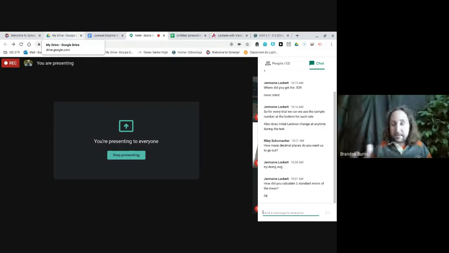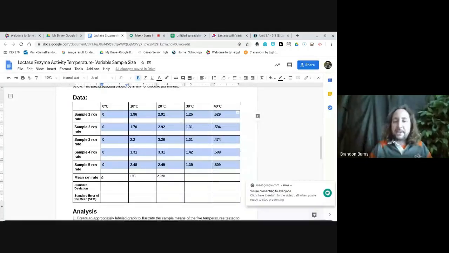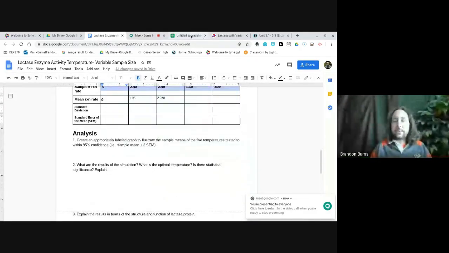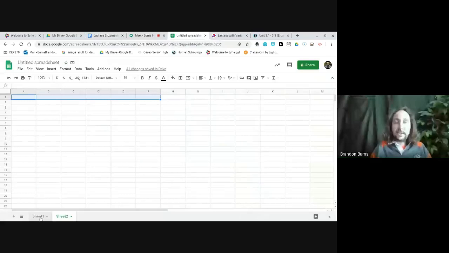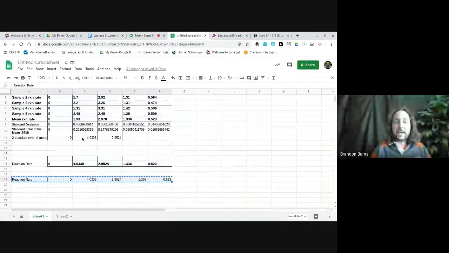I don't understand why it's not working for me today. Either way, once I make that graph and I've added the 2 standard error of the means, which I did calculate here, I will show you in the other video how to do that.